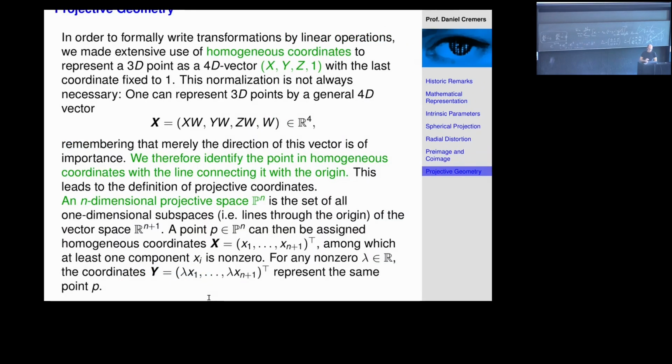Now I mentioned that this all relates to projective geometry, and we've seen these ominous homogeneous coordinates all the time, where we take a 3D vector and artificially make it into a 4D vector. Why did we do that? So that we could model the rigid body motion, this Rx plus T, as a single matrix multiplication.